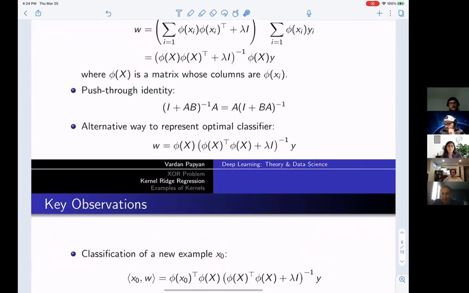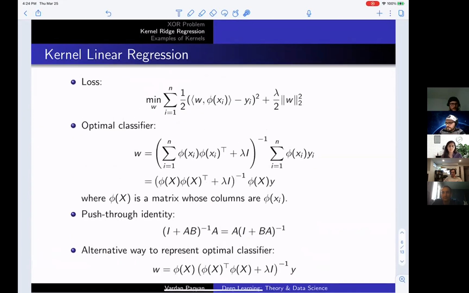So here, we take the objective from the previous slide and just change xi into phi of xi. Very simple, right? So we're just replacing the data with the feature vectors.